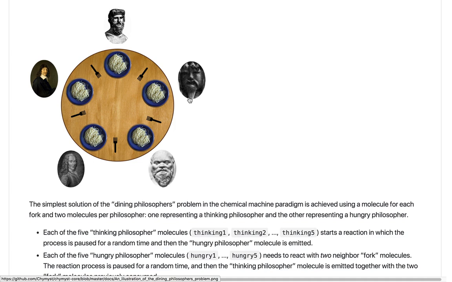We don't really know if the philosopher is thinking, but we know that the philosopher is not eating at that time. Let's call that philosopher a thinking one. So we have 5 molecules for each philosopher that is thinking, and 5 molecules for philosophers that are eating. Each fork will be a molecule as well, and the presence of the molecule would mean that the fork is available.